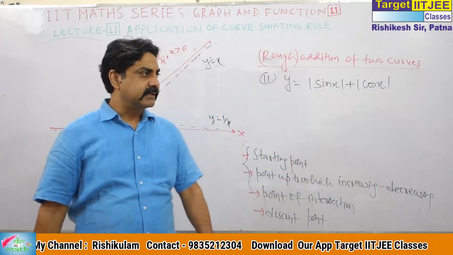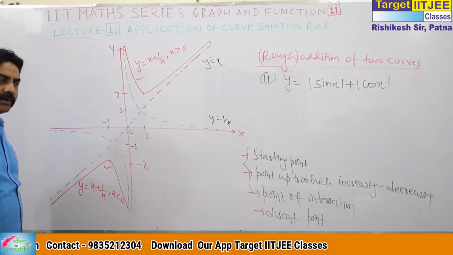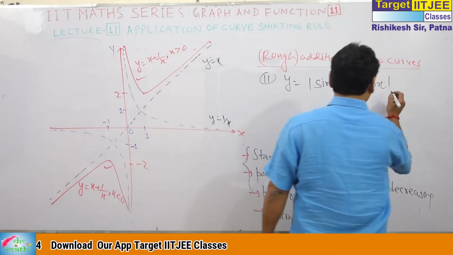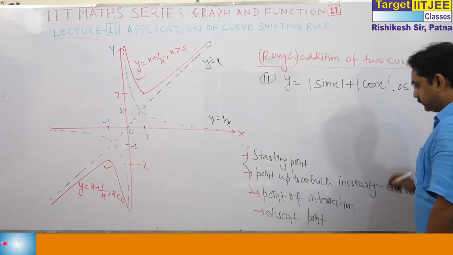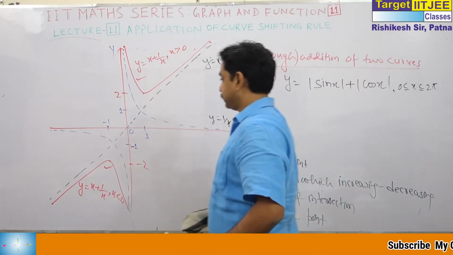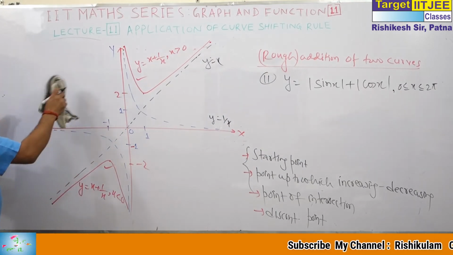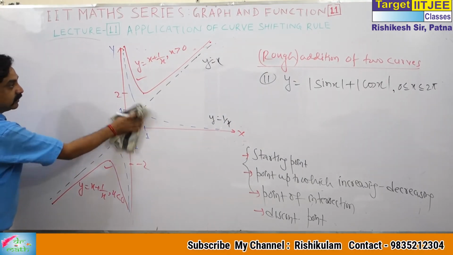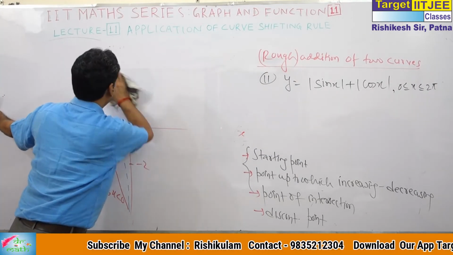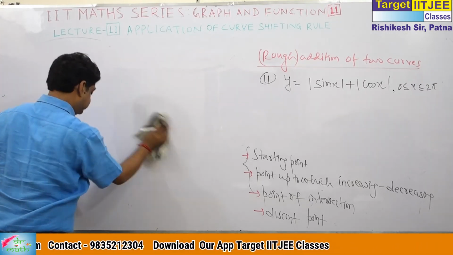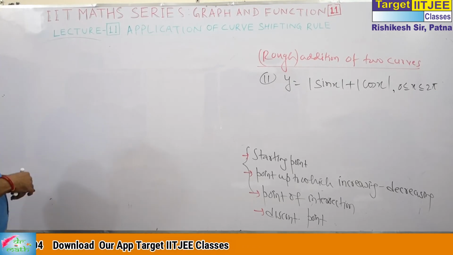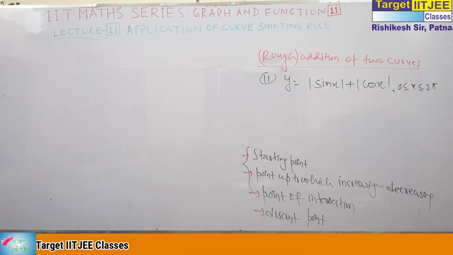Y is equal to mod sin x plus mod cos x. Let's see this in 0 to 2 pi. Let me do this one.